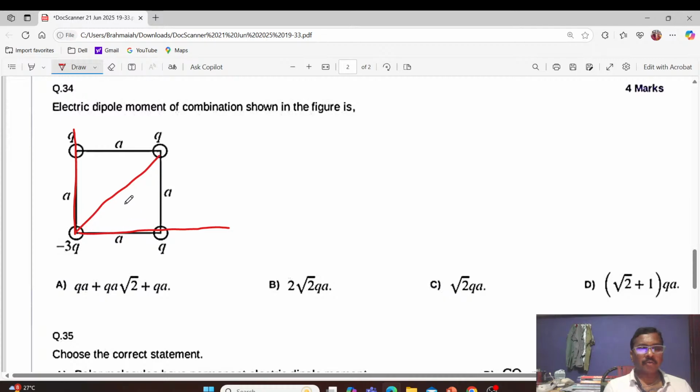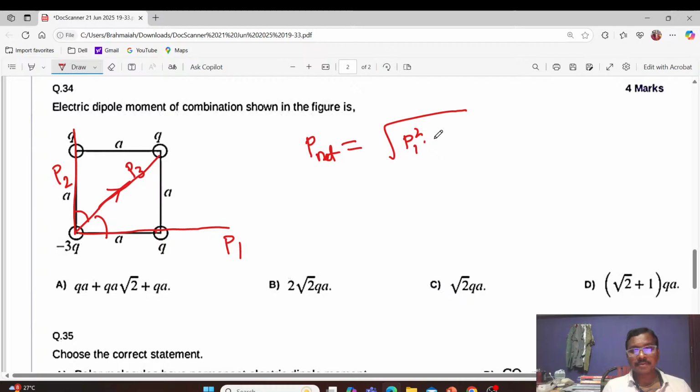Right? So it is what happened. This is 45. This is 45. Right? Sorry, not a 45. This is 90. So this is P1. This is P2. This is P3. So the resultant of P1 and P2 also going like this. Angle between P1 and P2 is 90 degrees. So P net between 1 and 2, we have to write P1 square plus P2 square.